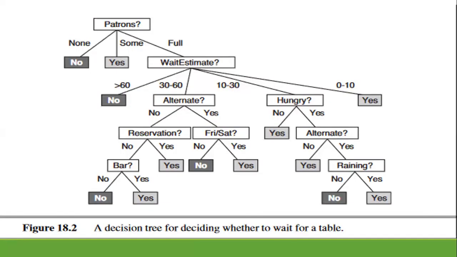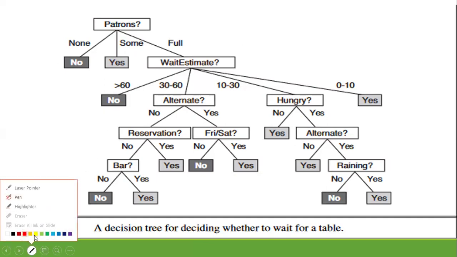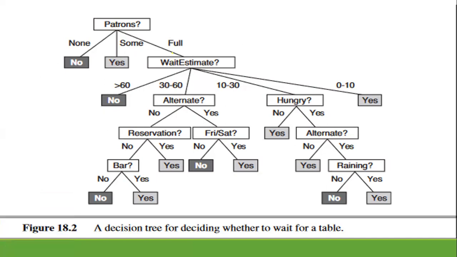So starting here, patrons full. Your patrons should be full here. If it is full, what's our wait goal? 0 to 10 minutes. If it is yes, then going next, we check alternate and hungry.